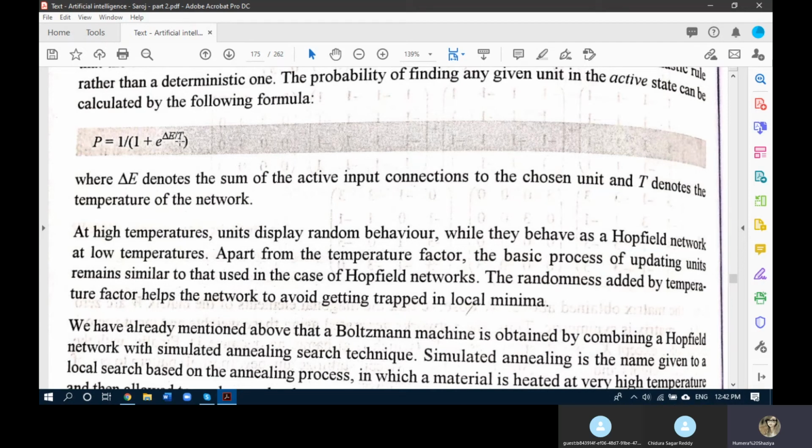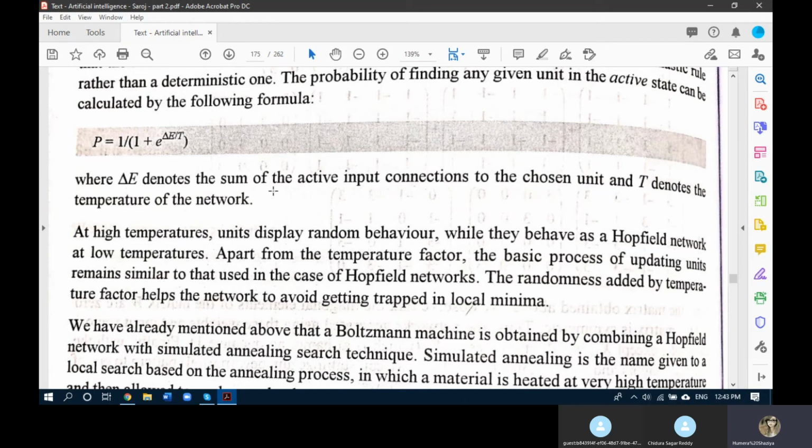Temperature is not like Celsius or Fahrenheit. It can be based on some value for that particular network. For instance, it can be 2, it can be 3, it can be any numeric value.